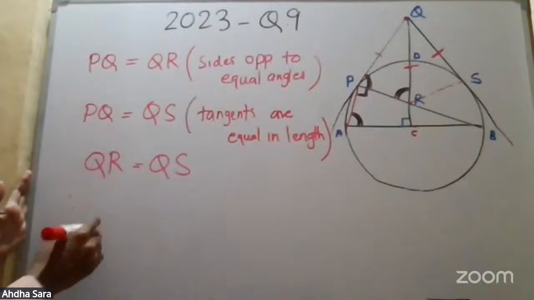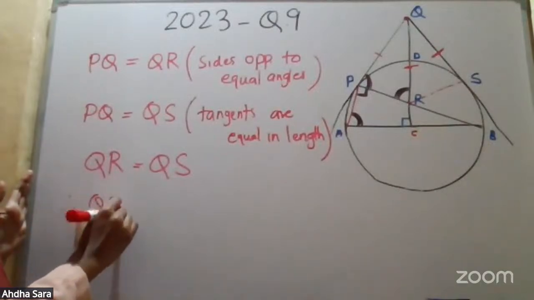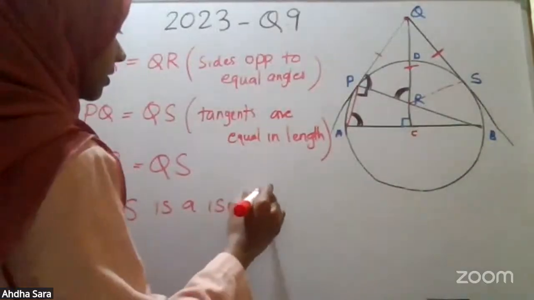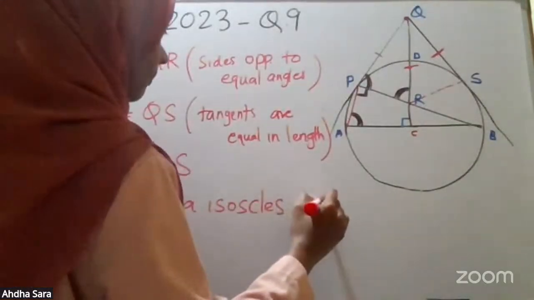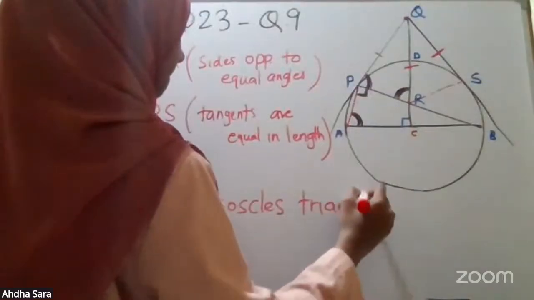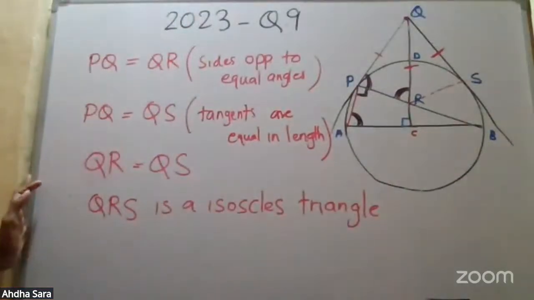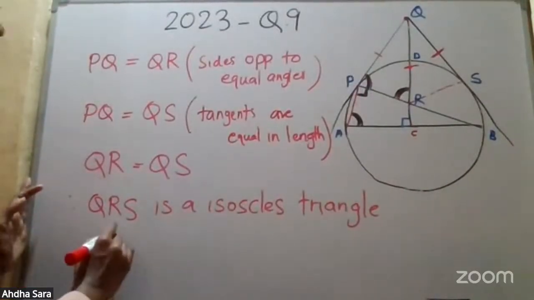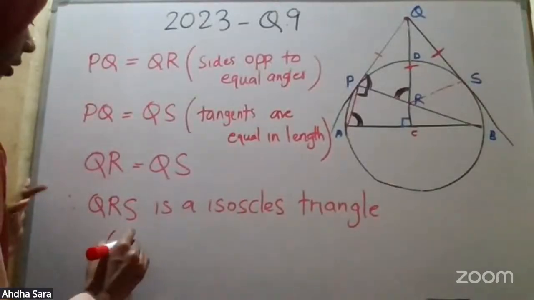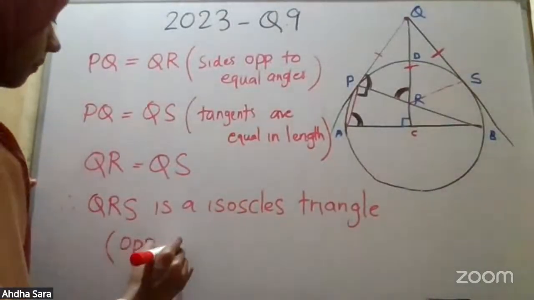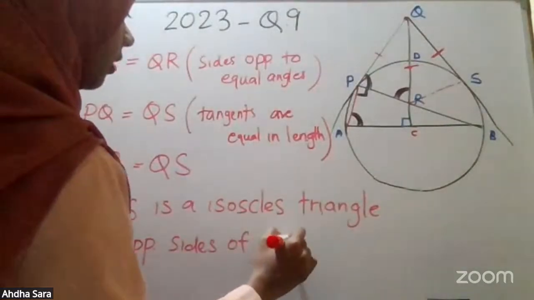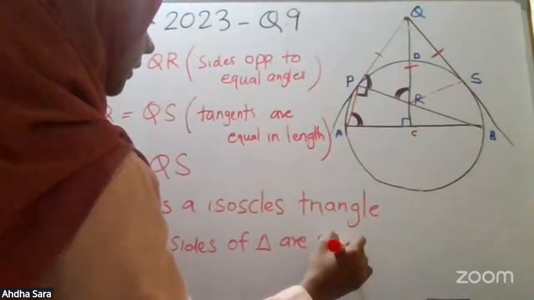Therefore, you can say the triangle QRS is an isosceles triangle. The reason is, two sides of a triangle are equal.